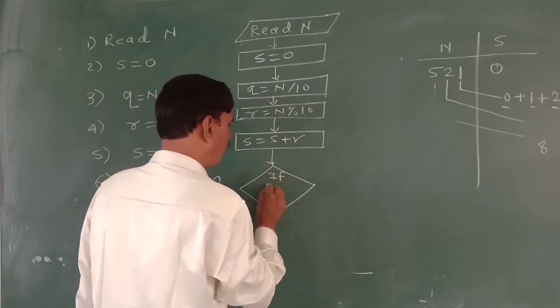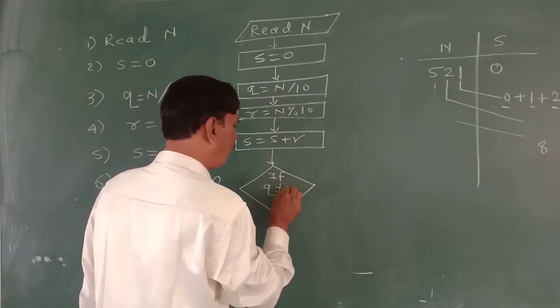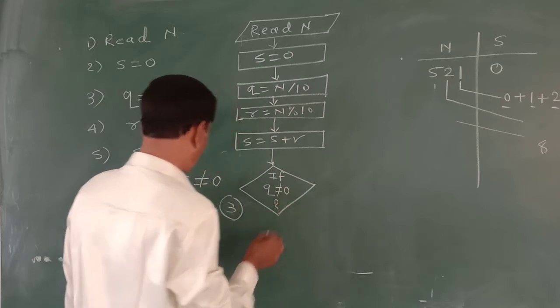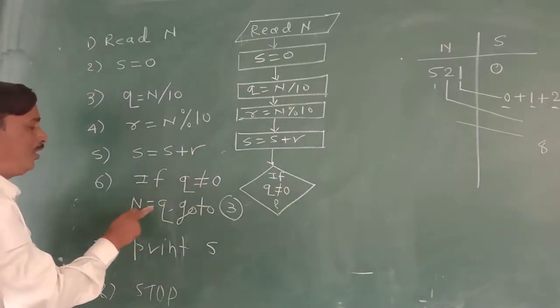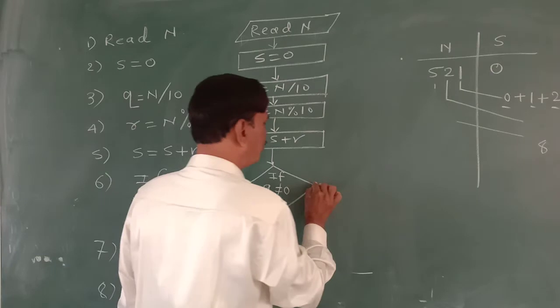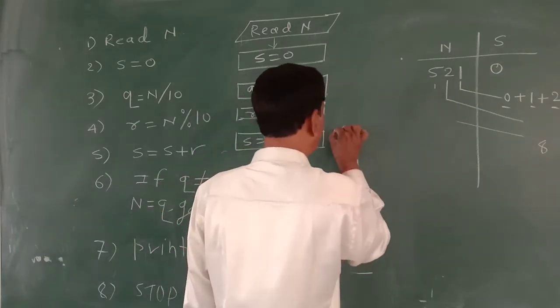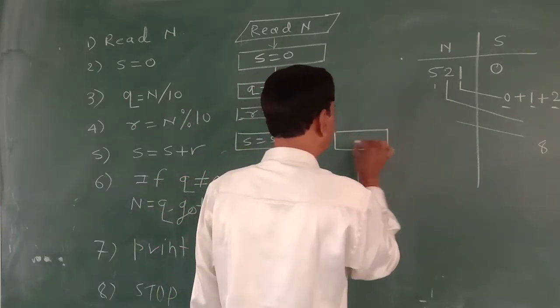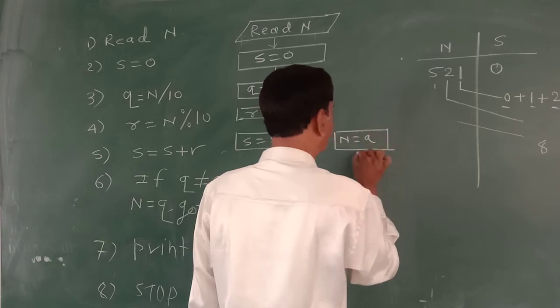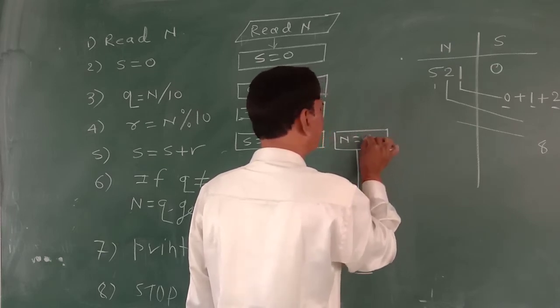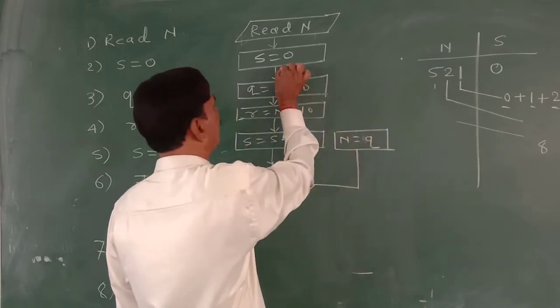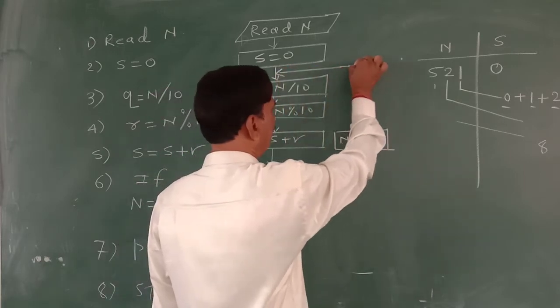If quotient is not equal to 0, question mark. If quotient is not equal to 0, then new n is equal to q and go to 3. So go to 3, but while going upside, new n is equal to q, and obtain the new quotient.